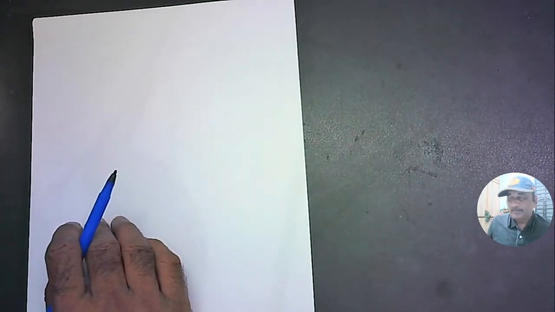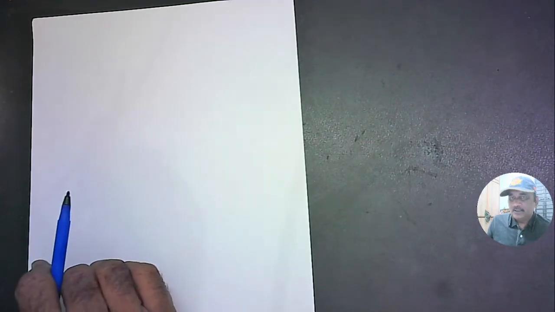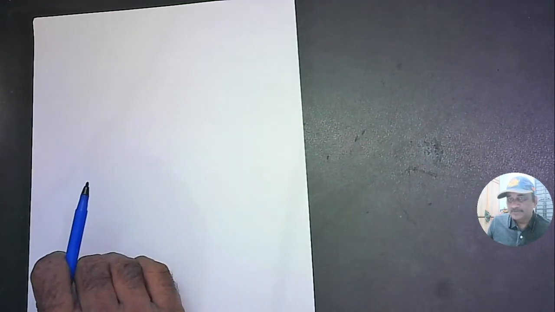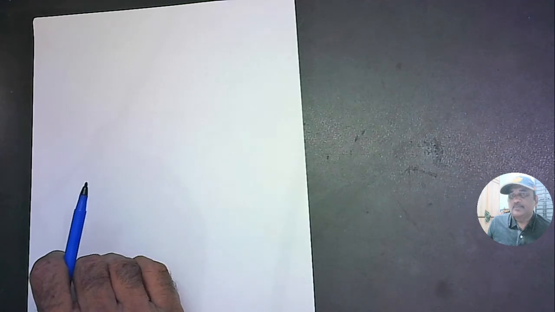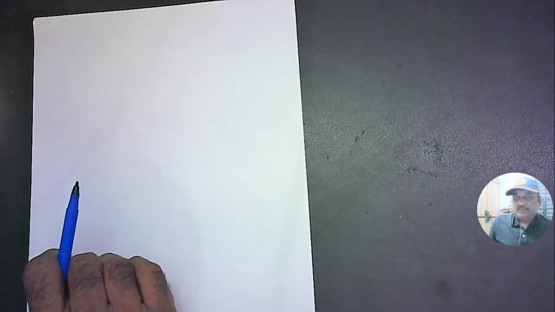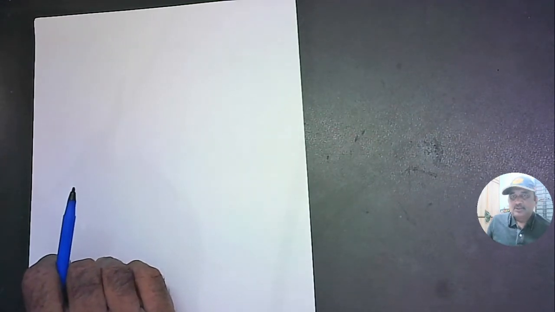So, in this lecture, we'll be seeing how to formulate the goal programming problem. We'll be taking two problems for formulation, and for one problem we will be solving it.